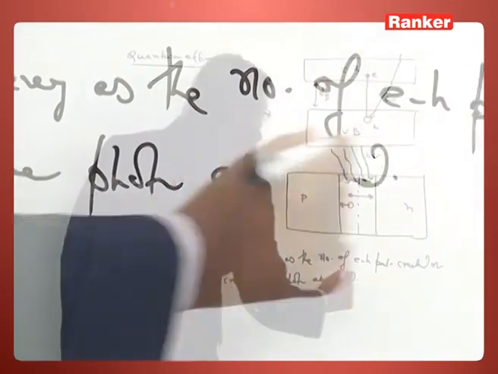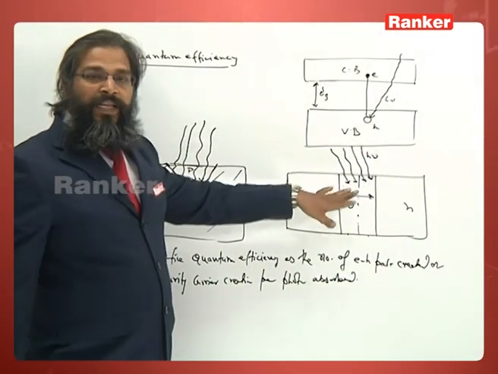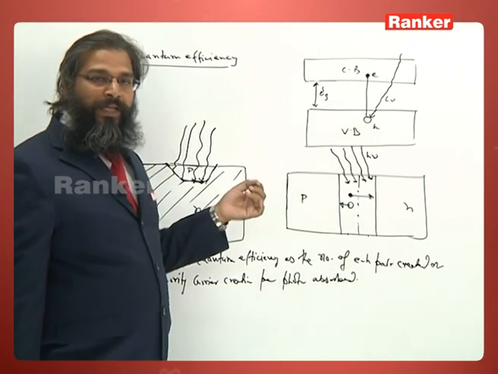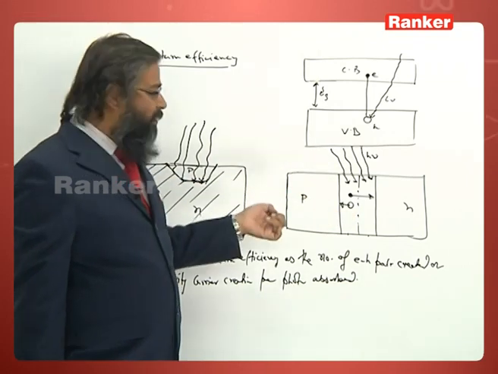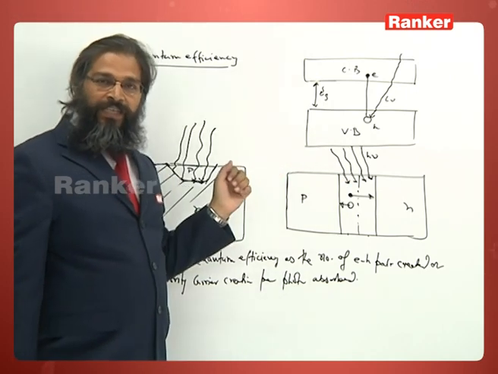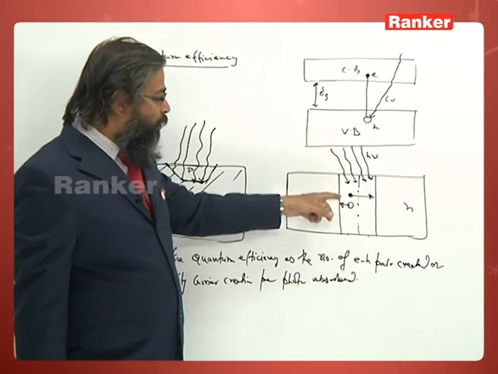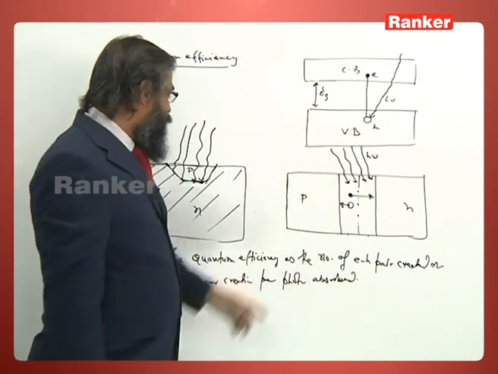Suppose I say it is 1, that means whatever photons are striking here, they are creating the electron hole pair. Generally this is very less, suppose 10%, that means suppose 1000 photons strike here, only 10%, that is only 100 photons, can cause electron hole pair creation.